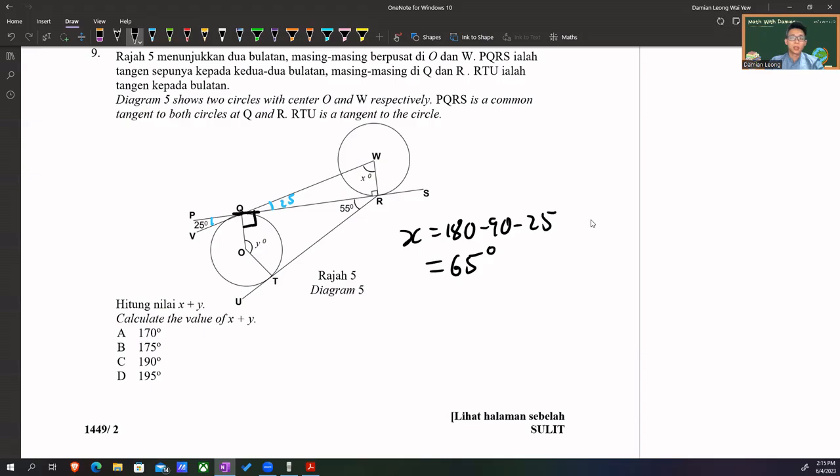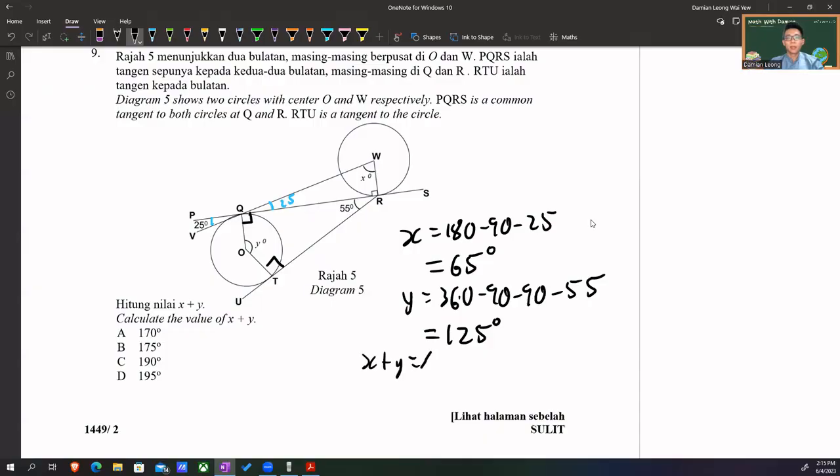Tangent and radius 90 degrees. This one also radius tangent 90 degrees. So I can use this quadrilateral to find y. 360 minus 90 minus 90 minus 55, which is 125 degrees. So x plus y, 65 plus 125, which is 190. Answer C.